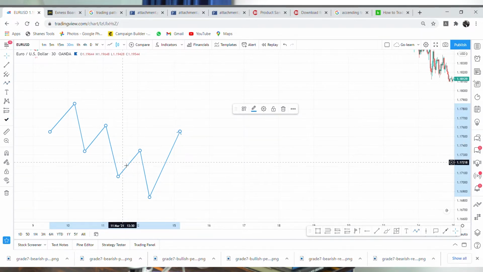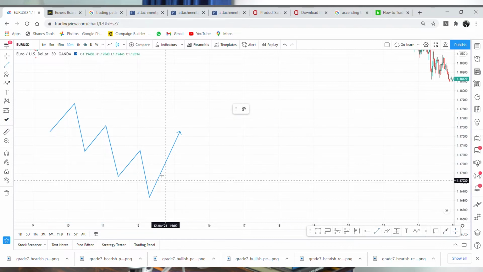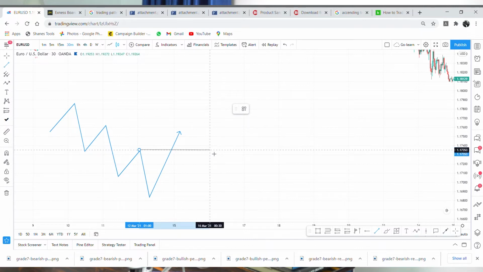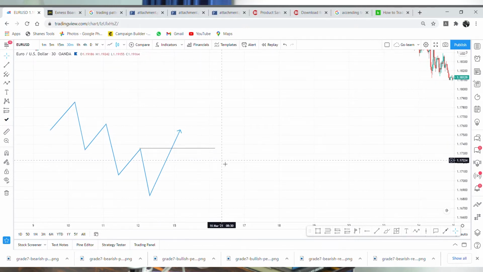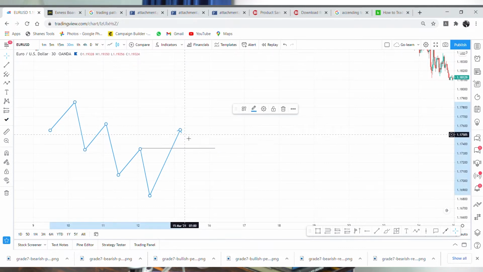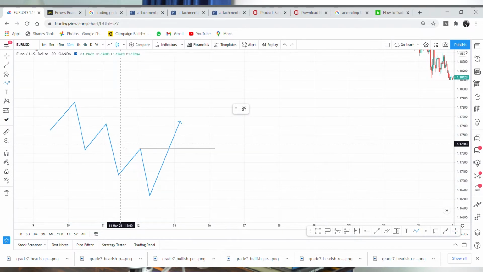Now, you annotate a break in market structure by just drawing a line from the previous lower high straight out. Then you'll be able to see the break in market structure visibly. Another thing to note is that it won't continue like that, definitely.